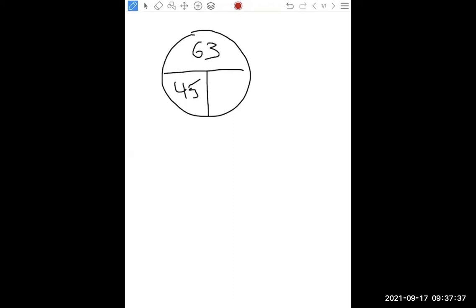I'm basically just going to divide these two numbers: 63 divided by 45 equals 1.4. That's the answer, 1.4. And because this is markup based on cost plus 1, I'm going to subtract it from 1. So 1.4 minus 1 equals 0.4.